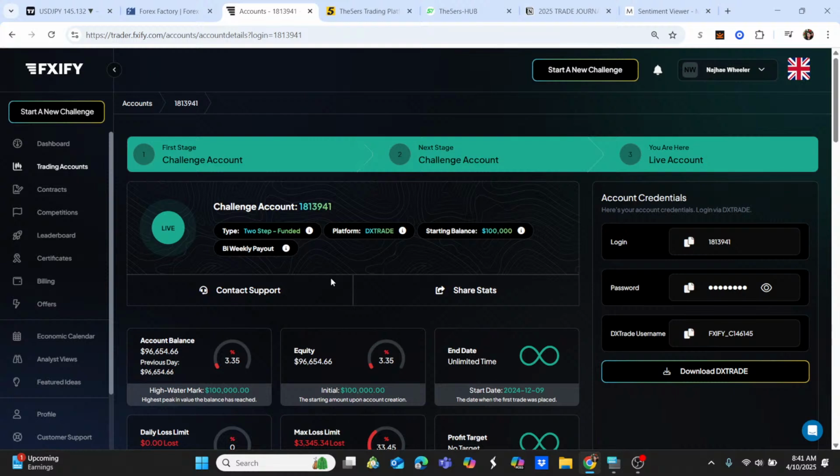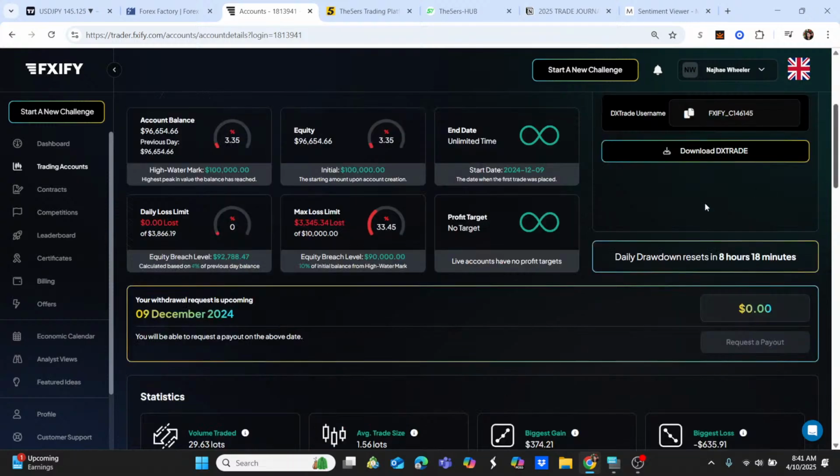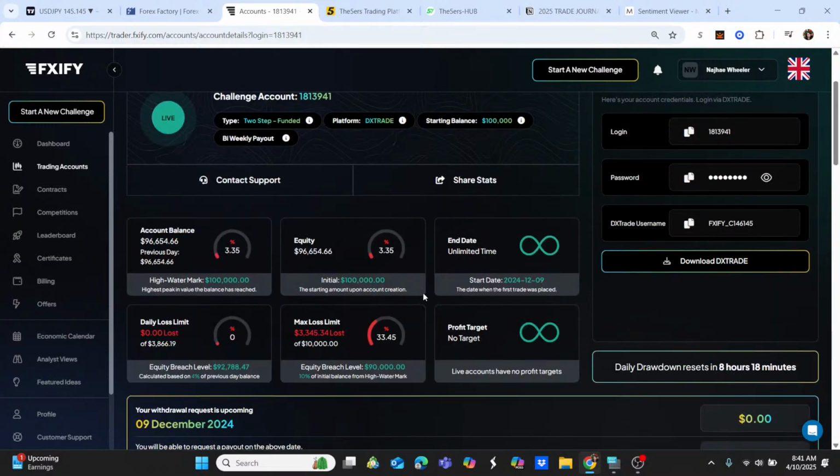And as you can see, I'm in drawdown 3.35. So we're just executing rules because that's what makes money overall.